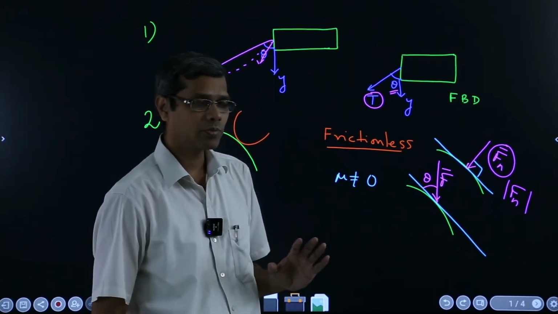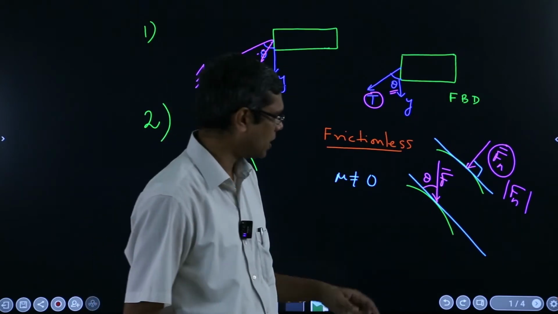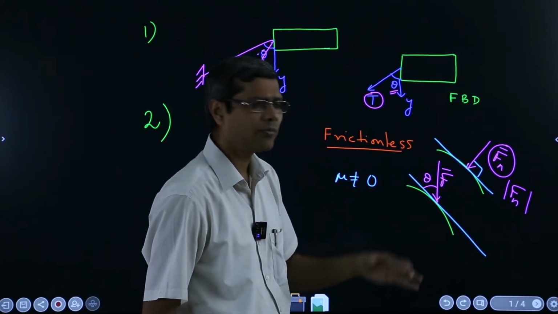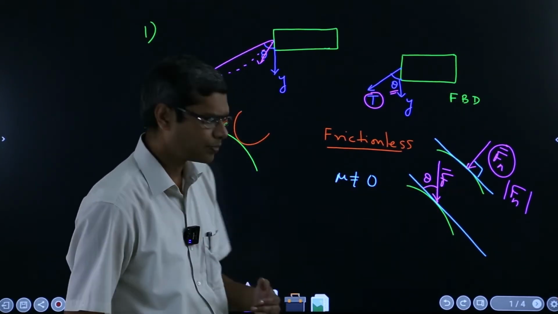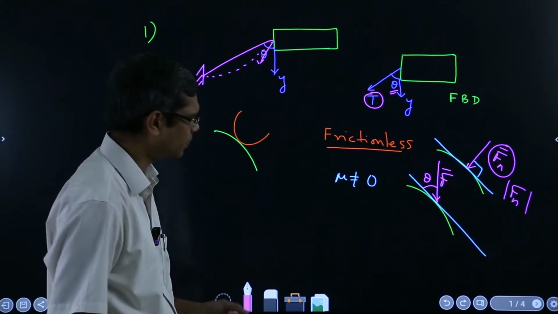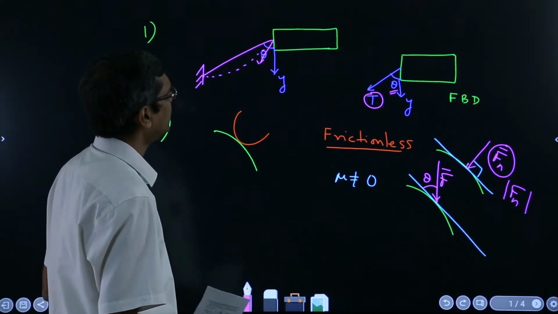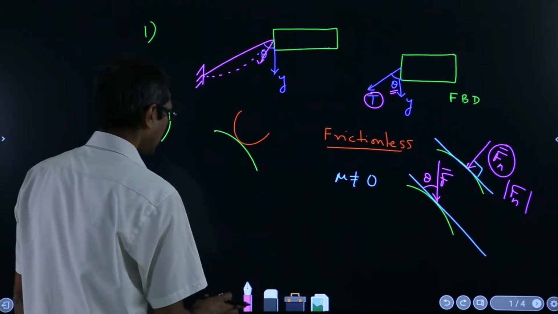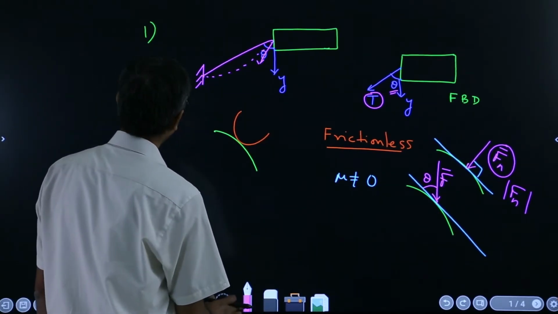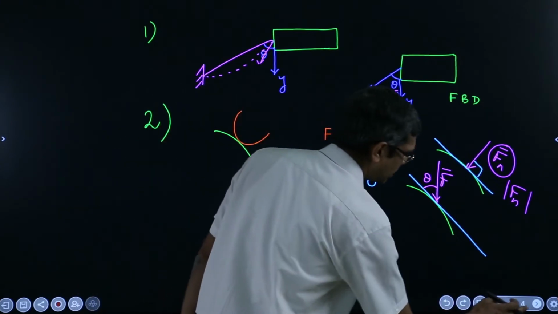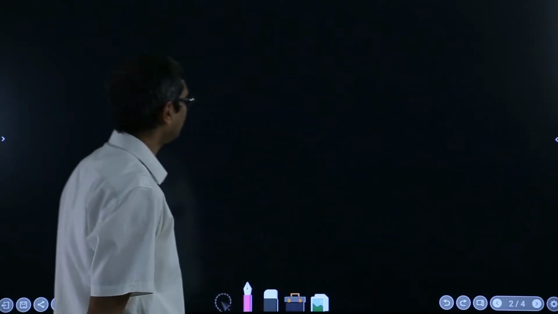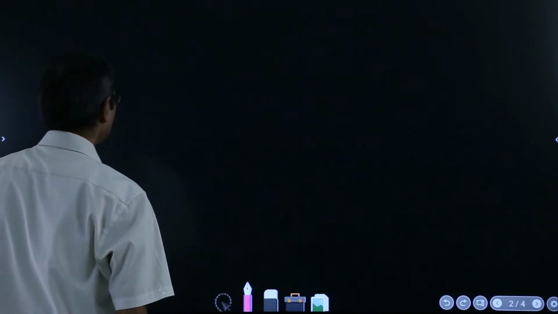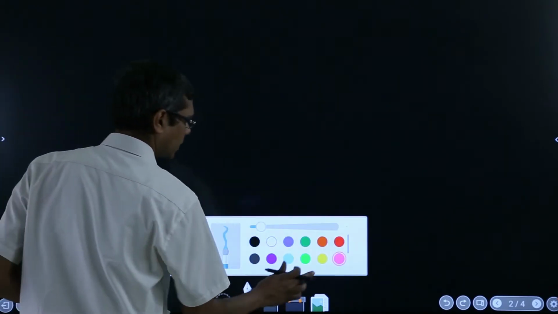Okay. And in problems, when you read them properly, many times one of them will be known if you do a little bit of thinking. So the point is you think about them. Okay, so these two things are done. Let me go to the third one, the third case.